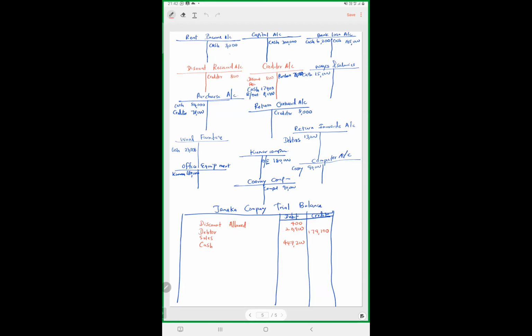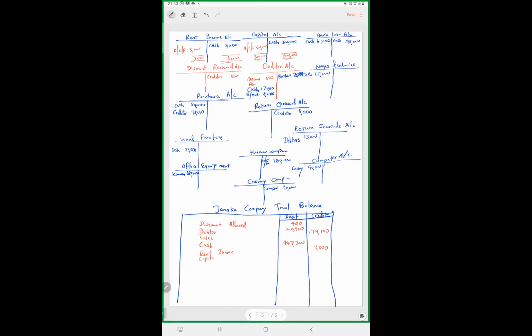Likewise, you need to close all the accounts here. Credit side is more: 3,000, BCF 3,000. So then rent income 3,000. Right, here the capital account 300,000. So then BCF 300,000.